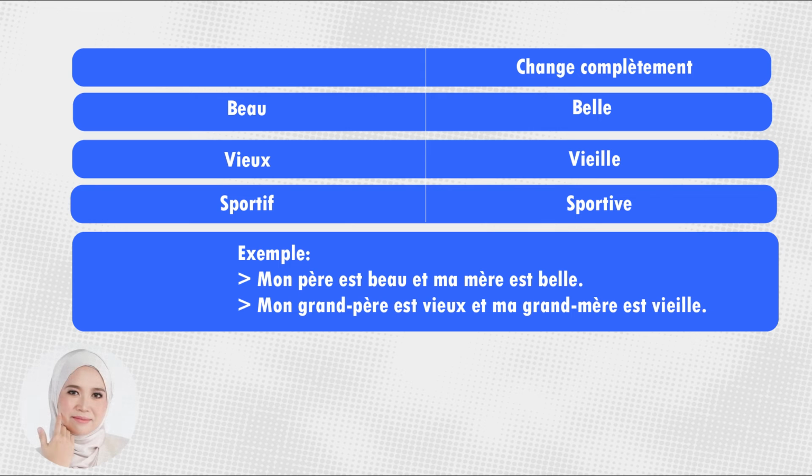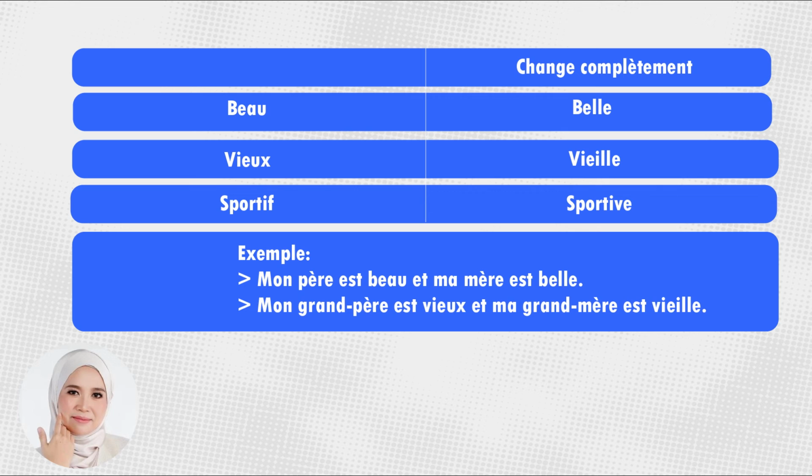Now, the next variation of adjective qualificatif, it changes completely. It means that when the male is something, the female changes. For example, we take this adjective, beau. Beau means handsome. When you want to describe a lady as beautiful, you change the spelling completely. It becomes belle. You see? This is the third variation. It completely changed.